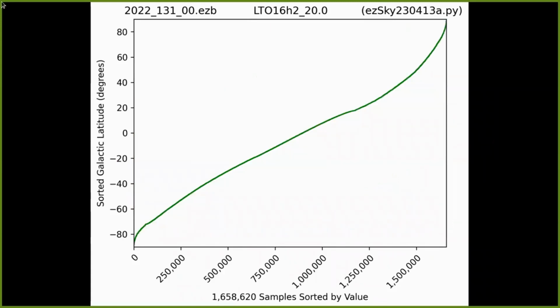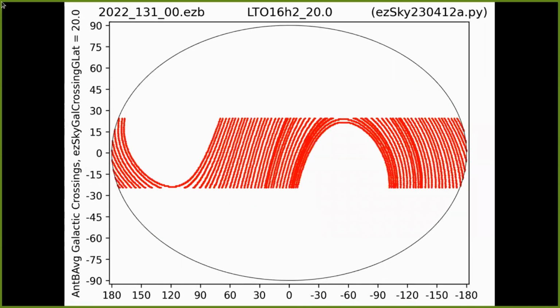If we take all those samples and order them in increasing value, we get a curve from low to high. But here, when we study the galactic plane, we only care about those samples near the 0 galactic latitude. How about those samples near the galactic plane from -20 to +20? They would look like this in the drift scans.